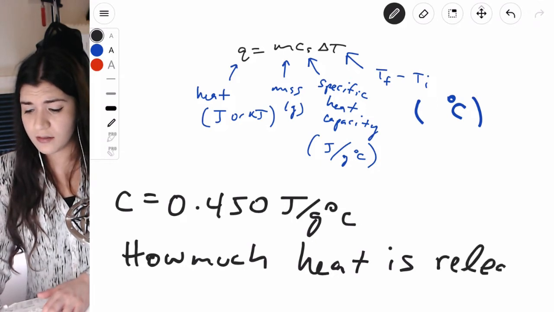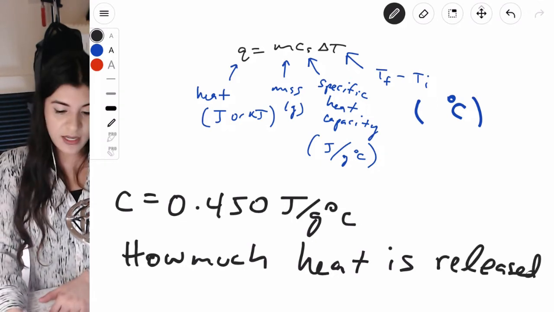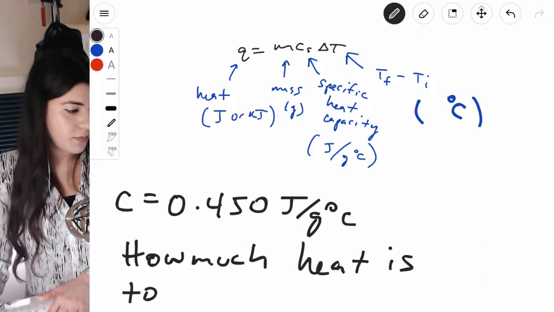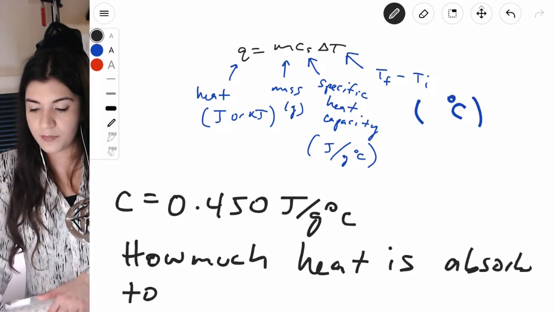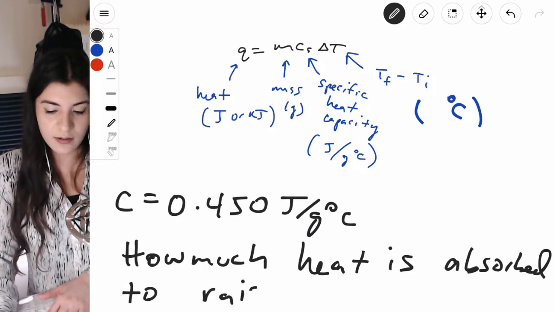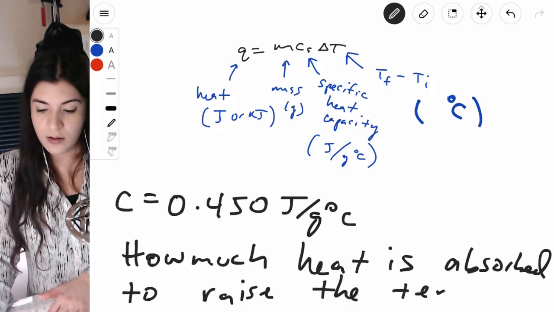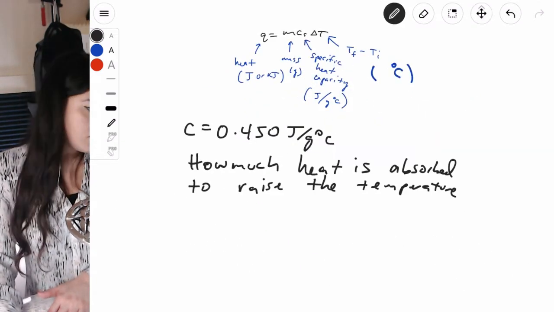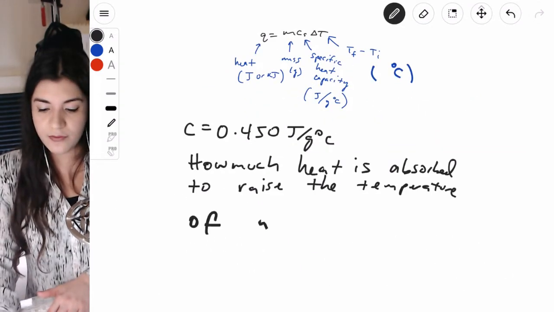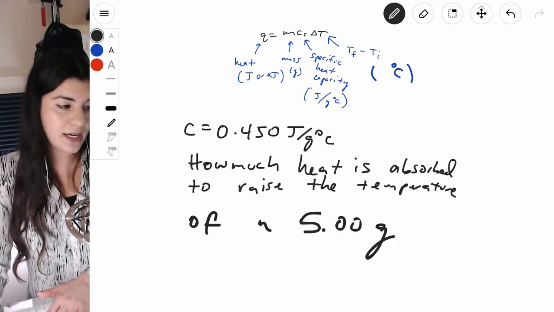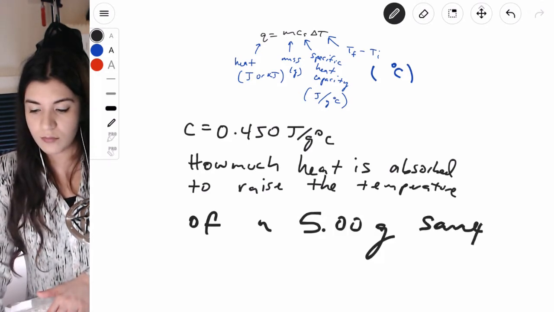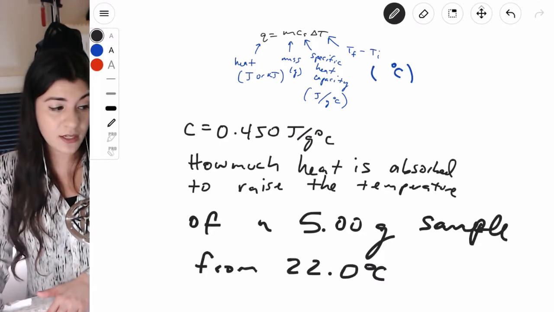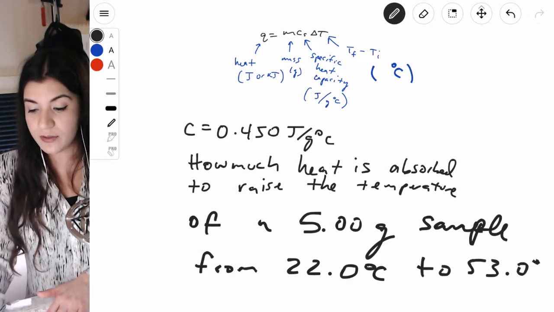is absorbed to raise the temperature of a 5-gram sample from 22.0 degrees Celsius to 53.0 degrees Celsius.